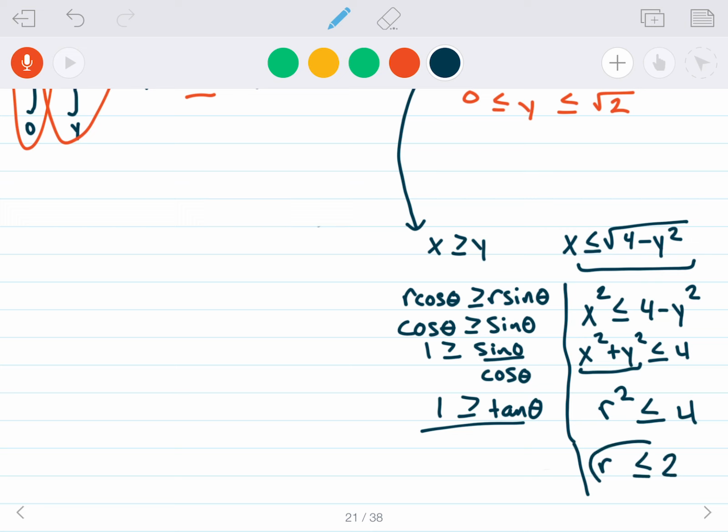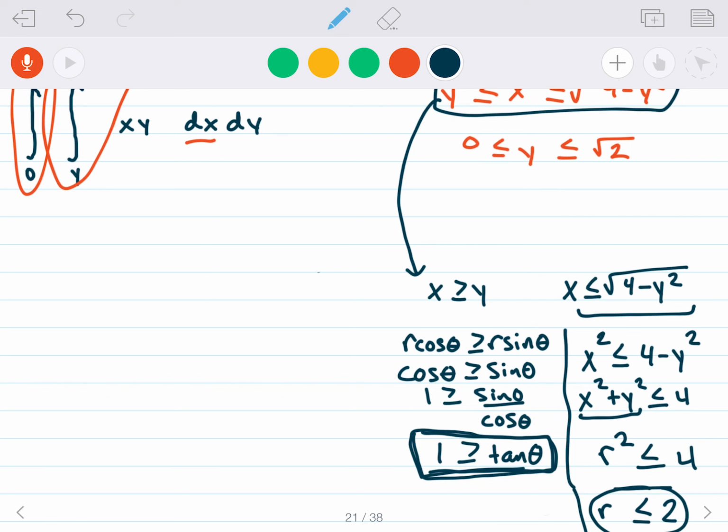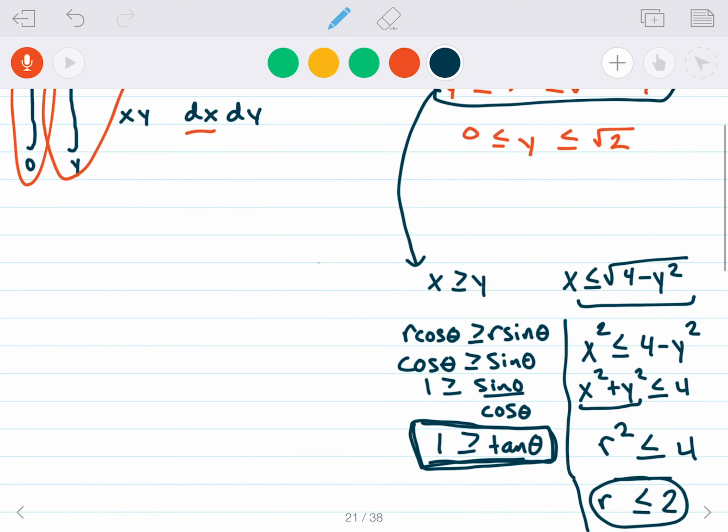So I have some sort of bound for my radius. I do have a little bit of a bound for theta as well, but this piece isn't telling me a whole lot about where theta can vary. So that was all the information that we gathered from this first piece, these two things that I have boxed and circled.